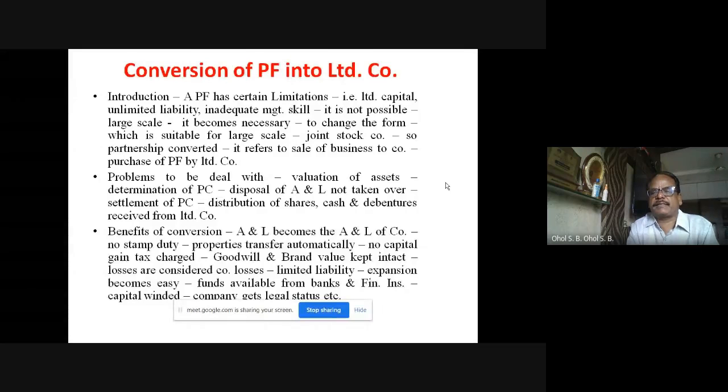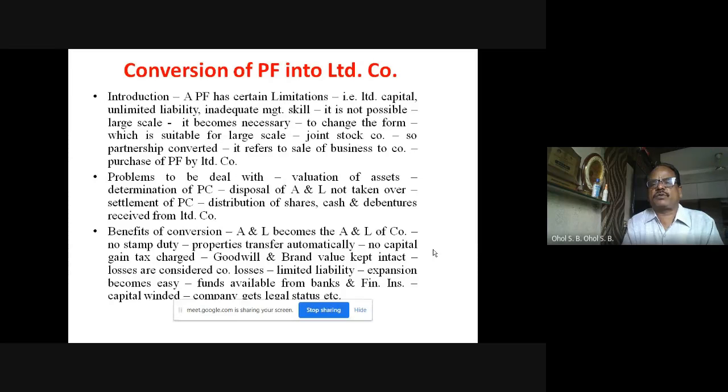Beyond that, if any person has his own bungalow, land, or other properties, those properties can also come into danger if losses arise in the partnership firm. That is why unlimited liability is there in the partnership business. Another limitation is inadequate management skill.